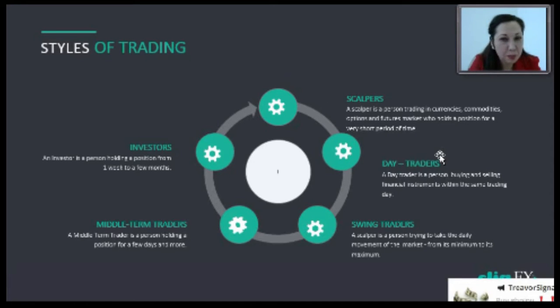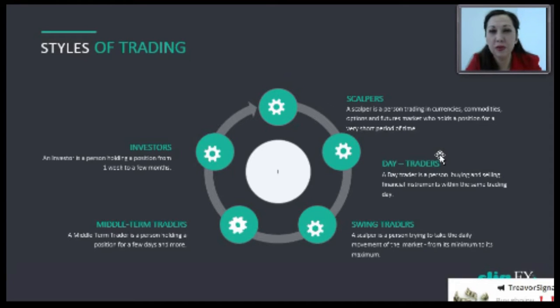This is a process of trading in which a position is held just for a few, I can't say seconds, for a few minutes. Sometimes even seconds, because during news you can make 50 pips or 100 pips within a few seconds.